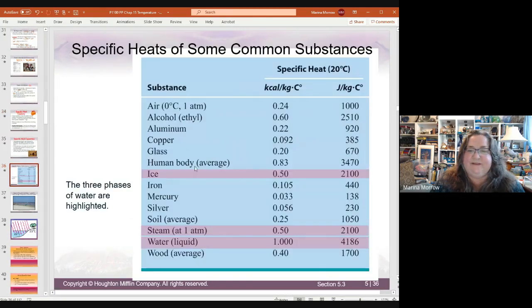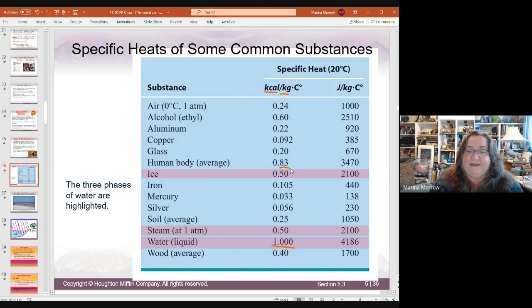Okay, so here's some specific heat capacities of materials. And if you use kilocalories per kilogram, then that's the same as calories per gram. So you see that water down here is still 1. It takes 1 calorie of heat energy for 1 gram, or 1 kilocalorie of heat energy for 1 kilogram. But if you look at all the other materials, they are less than 1, much less than 1 usually.